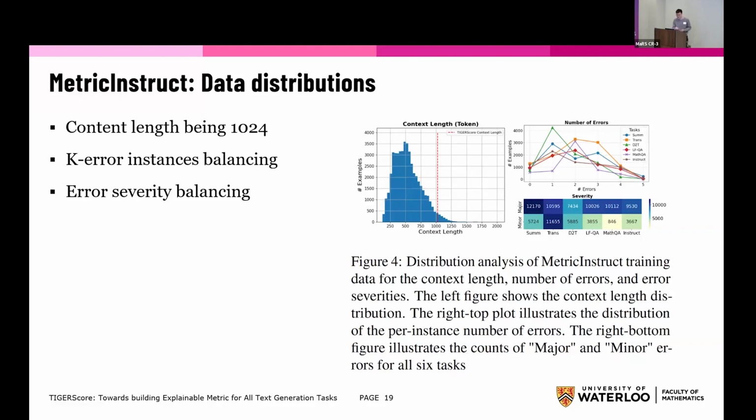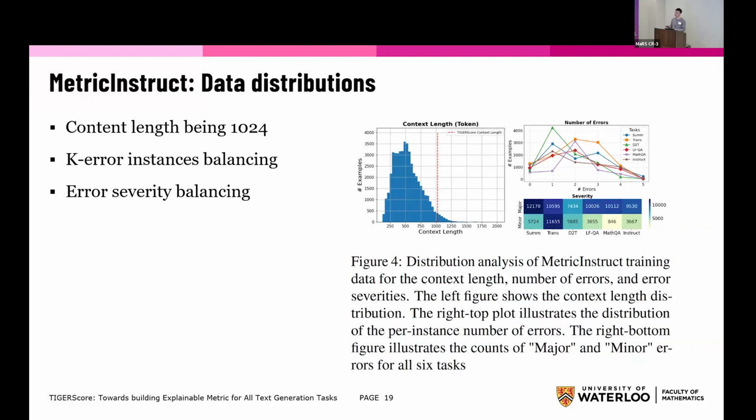The k-error instance distribution is very balanced. For example, there are about 1,000 examples that don't contain errors. So we want TIGERScore to learn which types of outputs are perfect and do not contain errors. And there are also about 1,000 or 2,000 outputs that contain 3, 4, 5 errors.